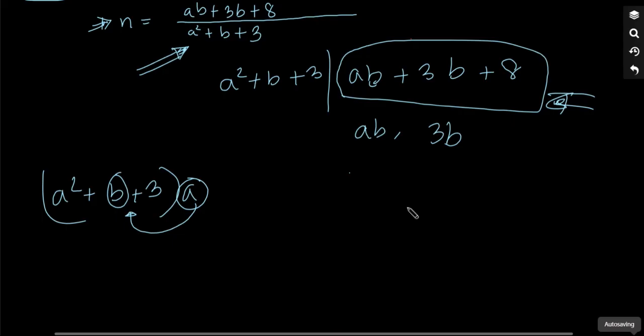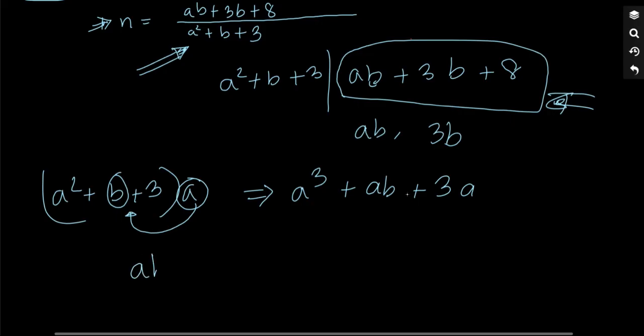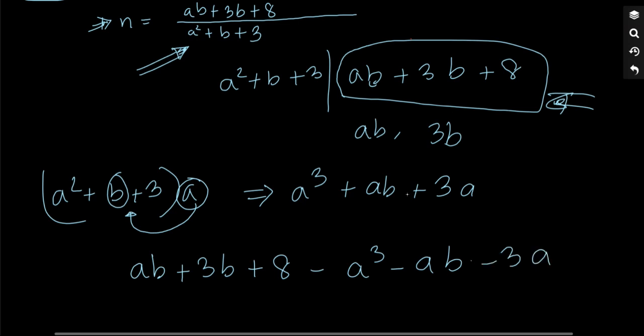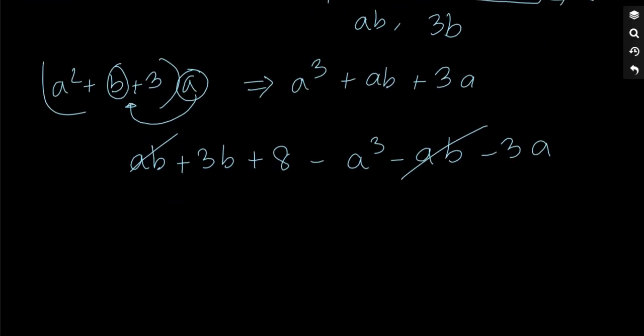So I get a cube plus ab plus 3a, and subtract: plus 8 minus a cube minus ab minus 3a. Now ab is eliminated, which is what I wanted.